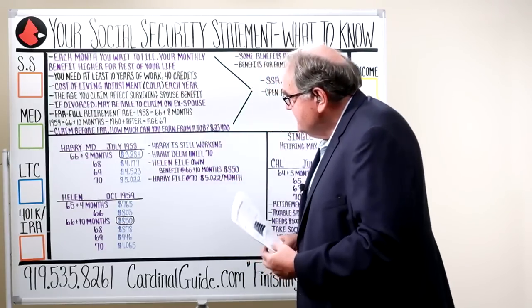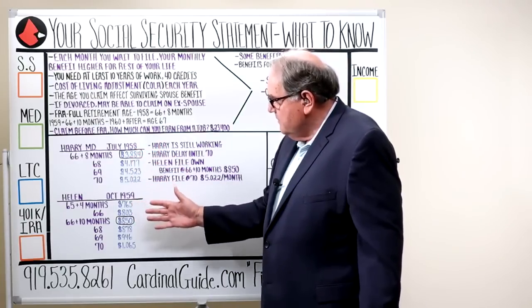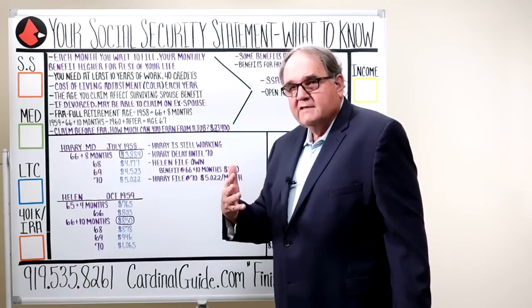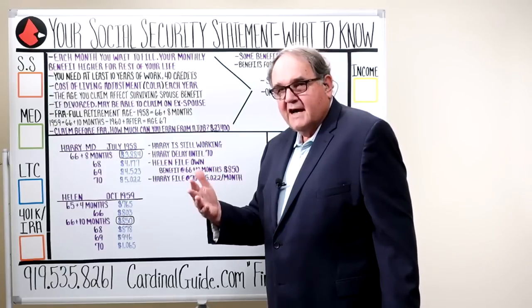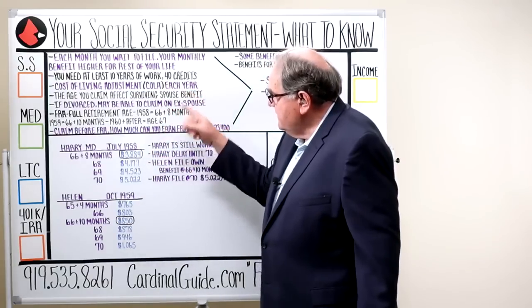So if we get into Harry and Helen, and we're looking at the whole thing, Helen worked some in her 20s before she had kids, and she worked summers during college, and she met the 10-year deal.